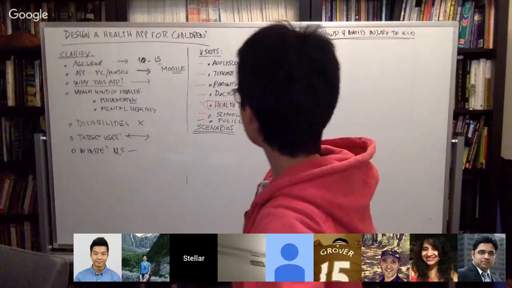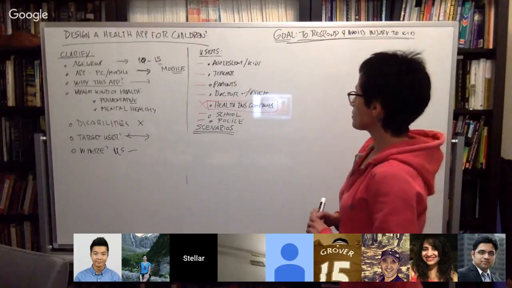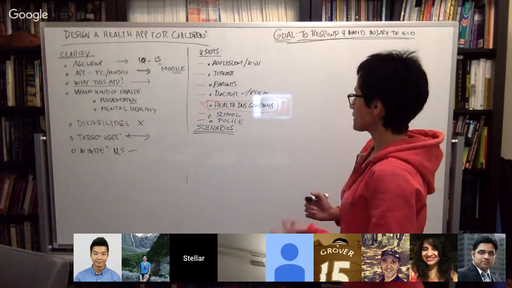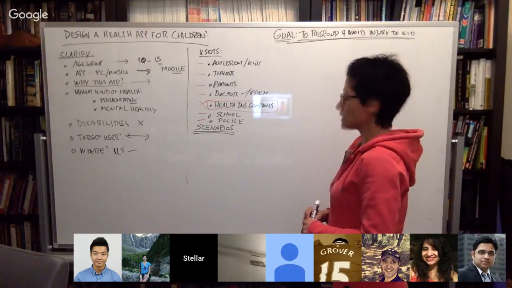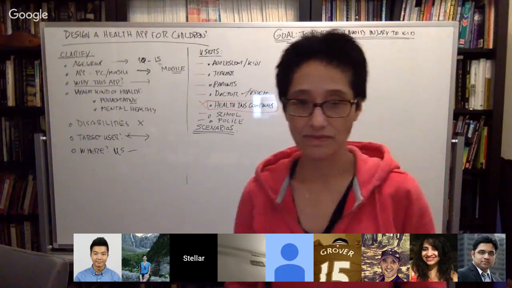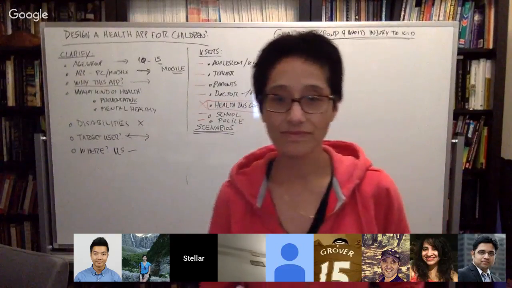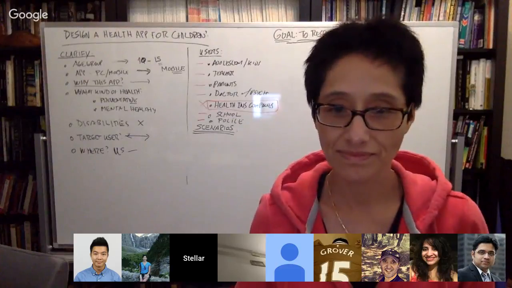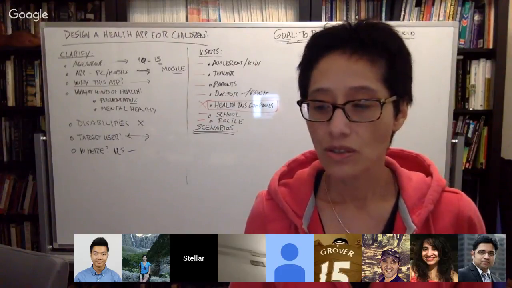Okay. Good point. All right, so let's think of scenarios where kids can be in danger. Actually, that's a good point Tina brought up about the market. Do we need to think about the competitive market in the space before we dive into the scenarios, or is that for a later part?